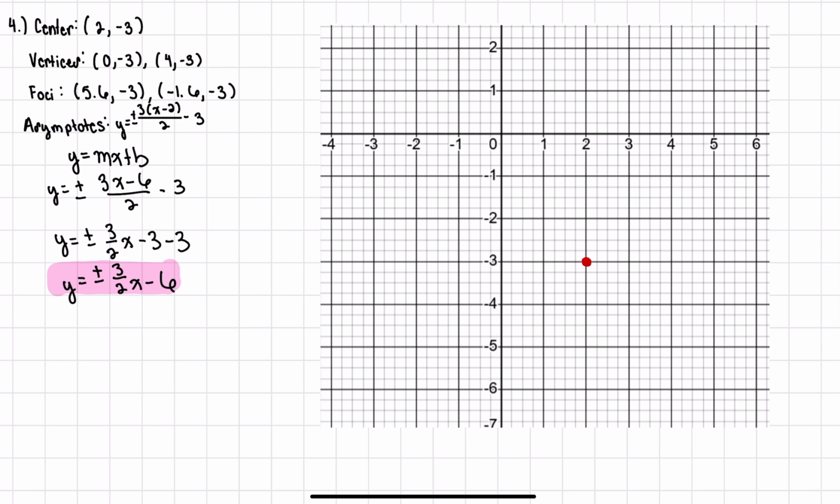The first one is at (0, -3), and our second one is at (4, -3). Those are our vertices. Let's plot our foci. Our first focus is at (5.6, -3), so let's just eyeball this approximation. And our second point is at (-1.6, -3), so we would go a little bit over 1.5.